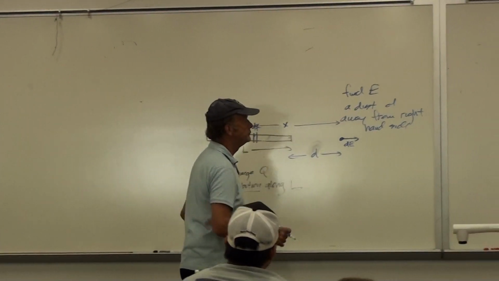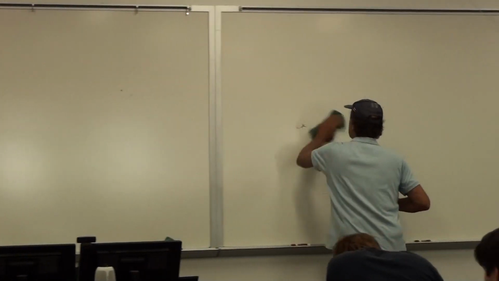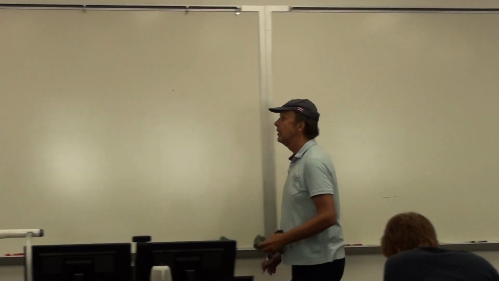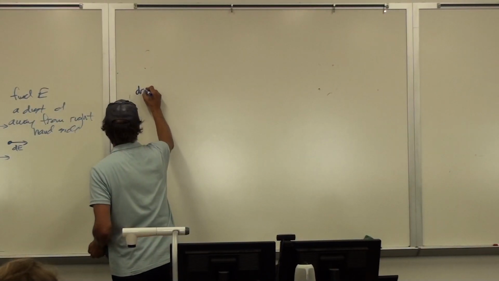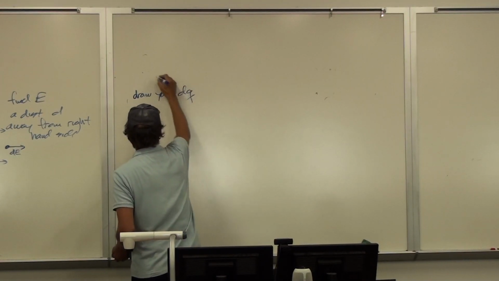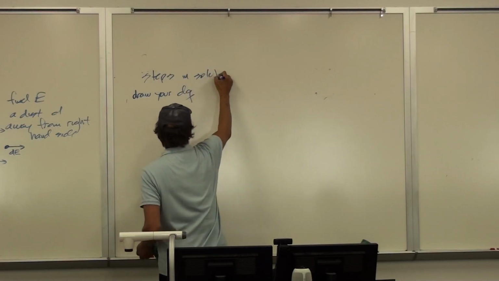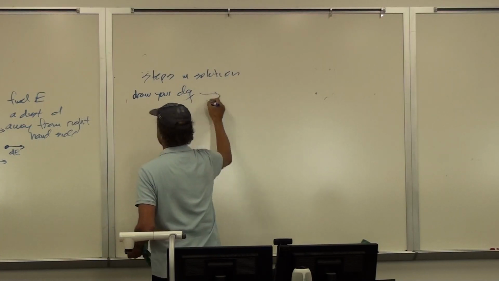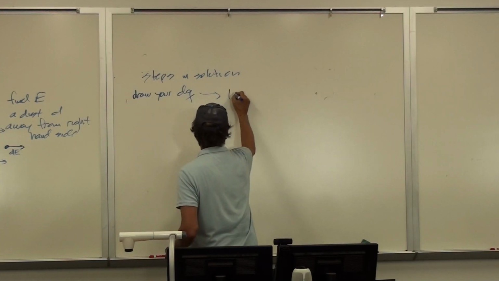Okay, so how do we start with this? Well, with all of these problems, draw a random dq somewhere on the object, and then label how that relates to dE and to your distance.